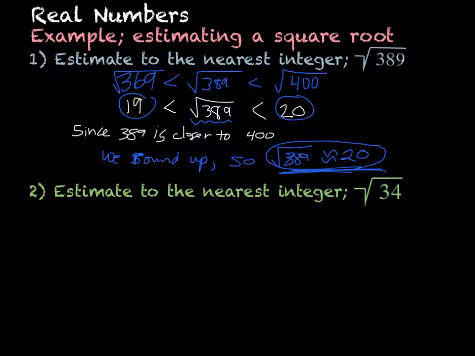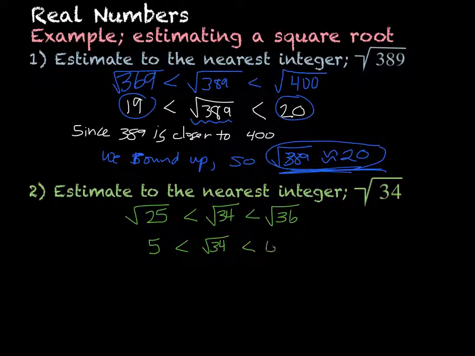So this next one, we're estimating to the nearest integer the square root of 34. So perfect squares that are near 34 would be 36, which is pretty close to 34, and one smaller than 36 is 25. The square root of 25 is 5, which is going to be less than the square root of 34, which is less than the square root of 36, which is 6.